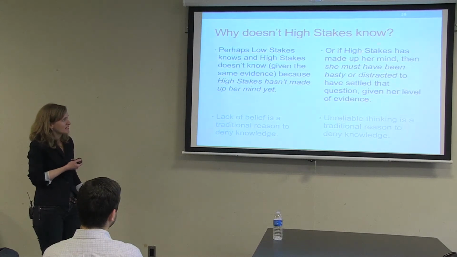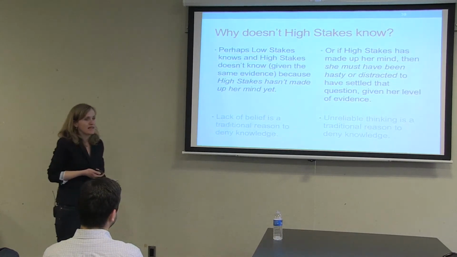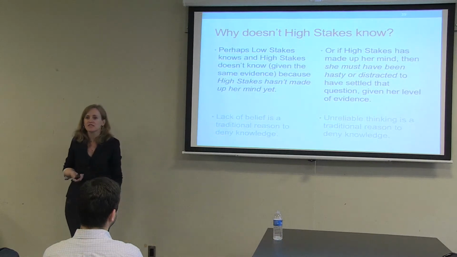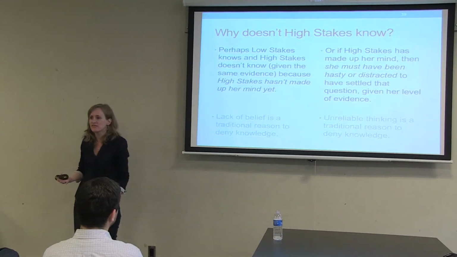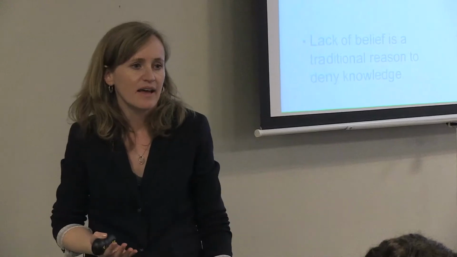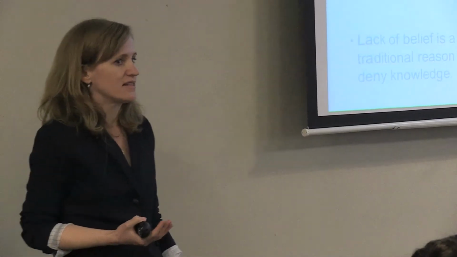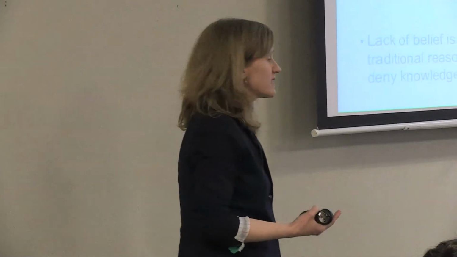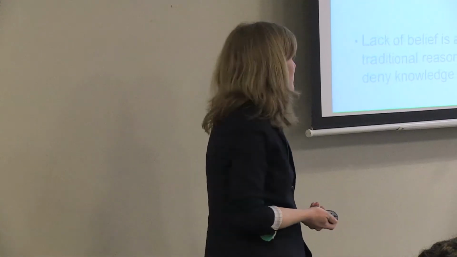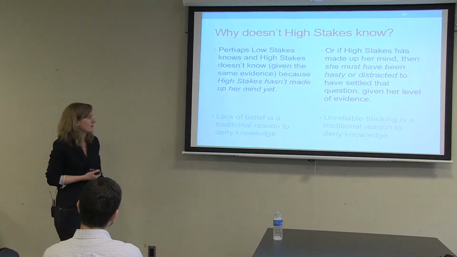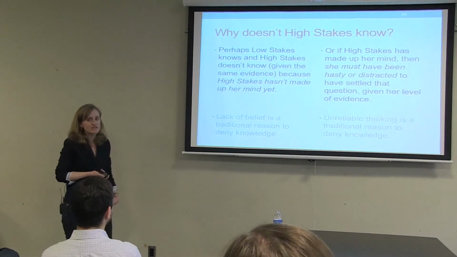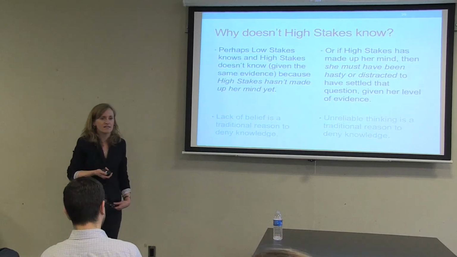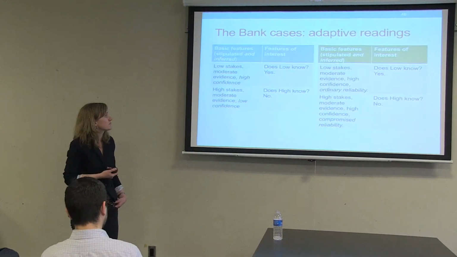But the problem here is that if you stipulate that somebody has burning high stakes and skimpy evidence, and she's going ahead and just making up her mind anyway, you're essentially telling a story in which someone's coming across as being hasty or distracted, because adaptive thinkers don't usually make up their minds rapidly on moderate evidence. But if you're understanding the story that way, then again, you've got a really traditional reason to deny knowledge in this case. You don't have to go for interest relative invariantism.